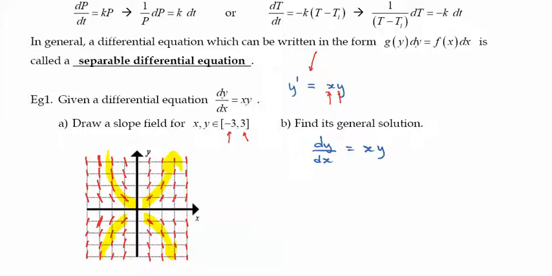We want to keep the y on one side and x on the other side. What I'm going to do is move this dx to the other side, bring it with the x together. And at the same time, I'm going to move this y to the left hand side. So now the y stays on the same side and the x stays on the same side.